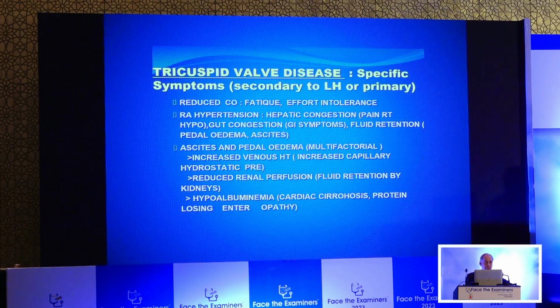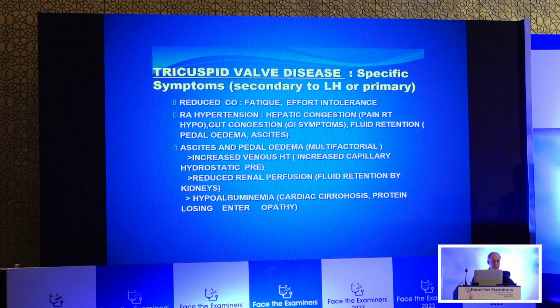Now coming to tricuspid valve disease. As I mentioned at the beginning, there are two ways in which the tricuspid valve can be involved. Involvement of the tricuspid valve is quite common in mitral valve disease, with the mechanism of pulmonary venous hypertension and pulmonary arterial hypertension causing tricuspid regurgitation, what we call secondary tricuspid regurgitation.